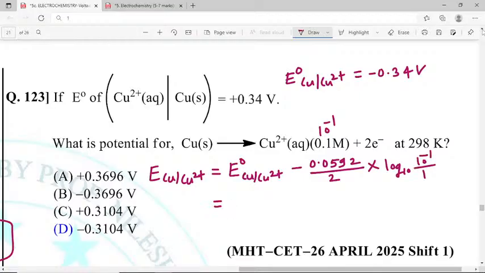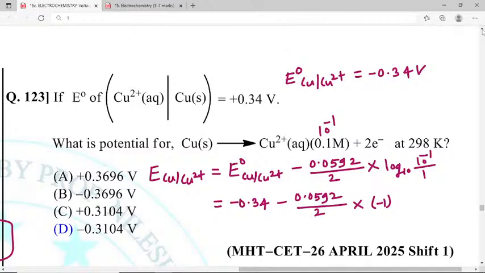So is equal to copper value minus 0.34 minus 0.0592 divided by 2 multiply by minus 1 and log 10 to the base 10 value 1.